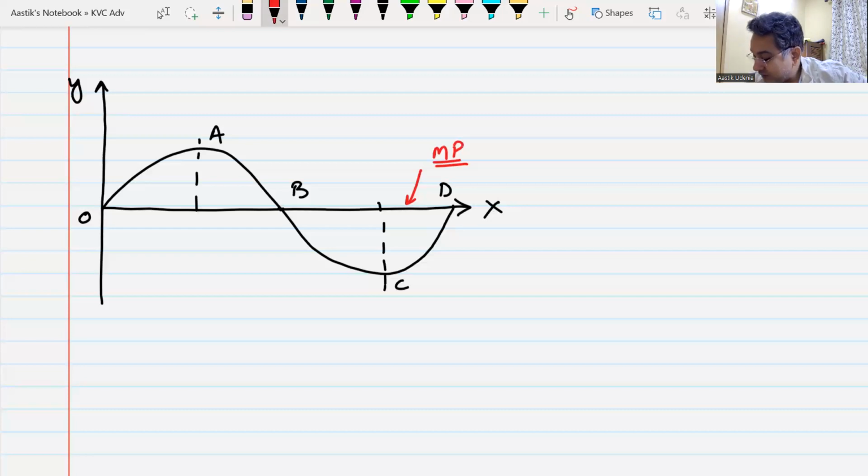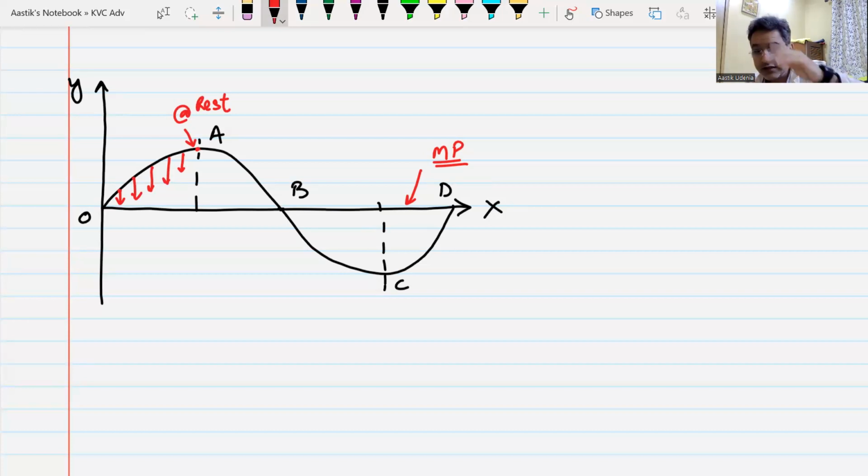They are not moving away. They are actually moving towards the mean position. And the particle here is at rest. How did I get this? Because the particle velocity is the negative of the slope of the graph.